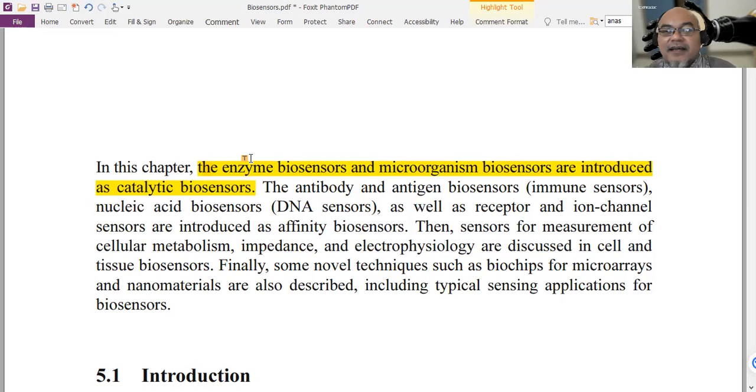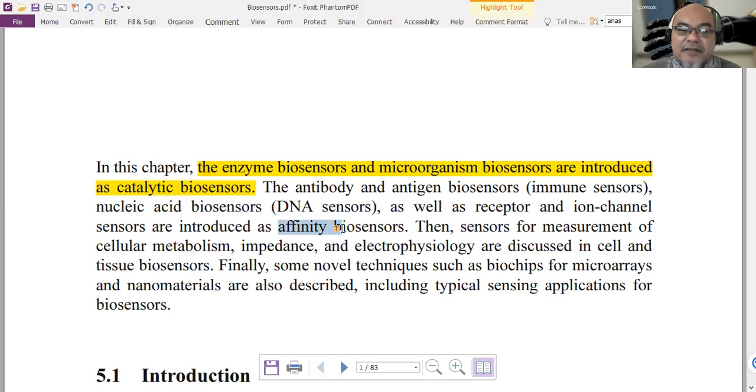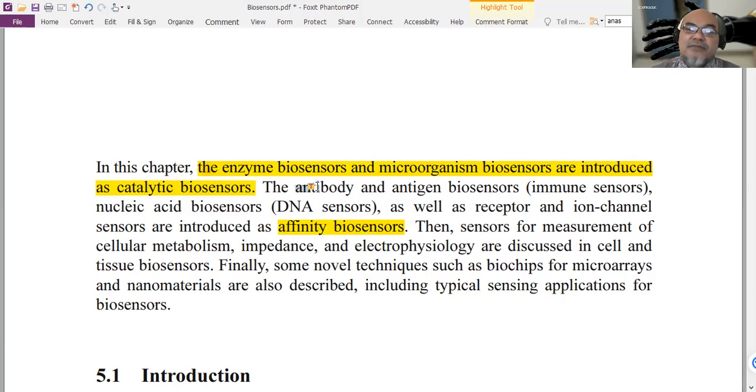That is why catalytic biosensors are reversible. Then we have another type, called affinity biosensor, which is based on binding and non-binding reactions. This is usually antibody, or specifically called an immunosensor.